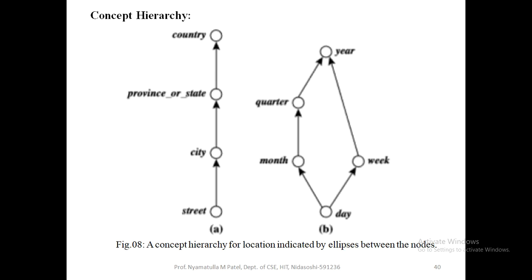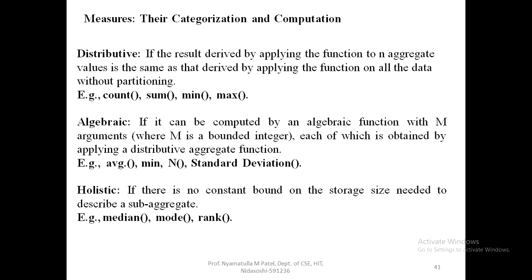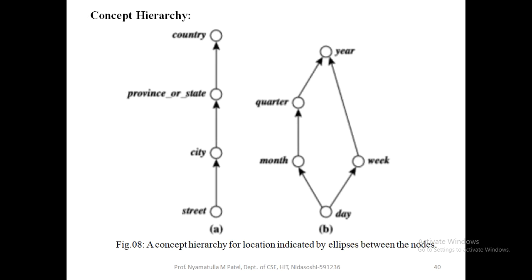So in this video lecture we have studied in detail different schemas for multidimensional data models, and we discussed 3 different models in detail: star, snowflake and fact constellation. What are their advantages and where they are used?